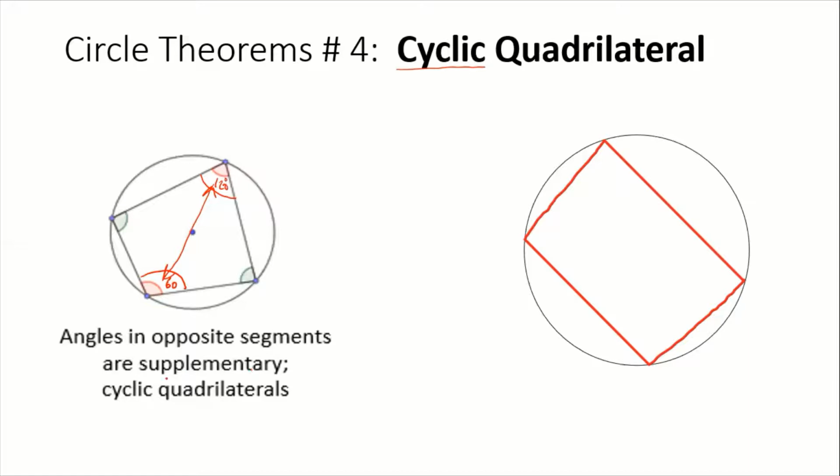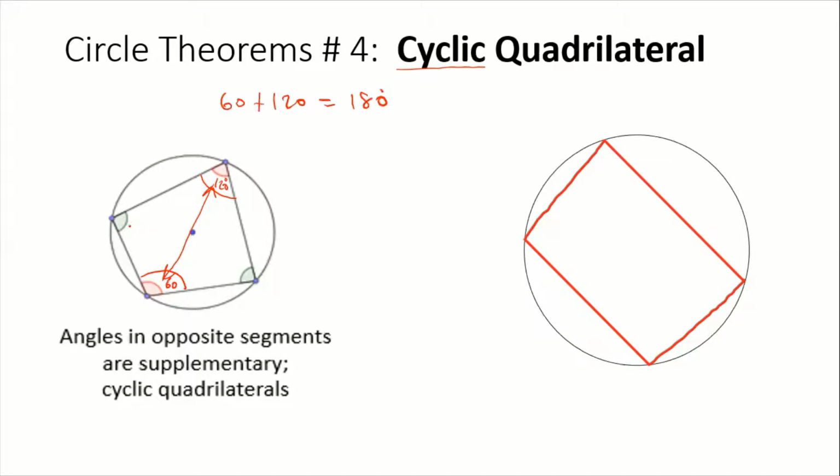Supplementary means a pair of angles that sum to give 180 degrees. And if we add these two angles, you can see that 60 plus 120 gives us 180 degrees. So that's what this means.